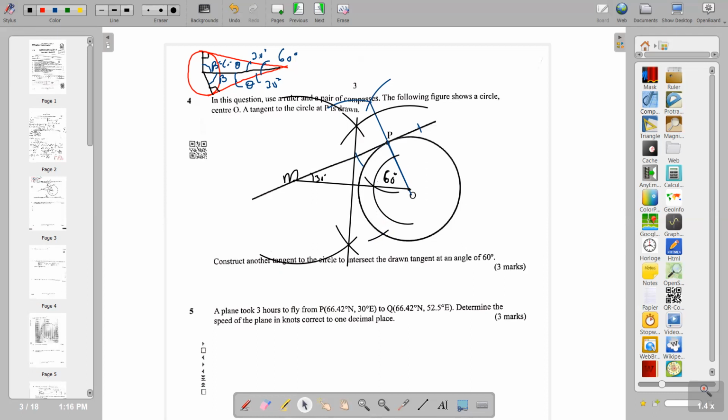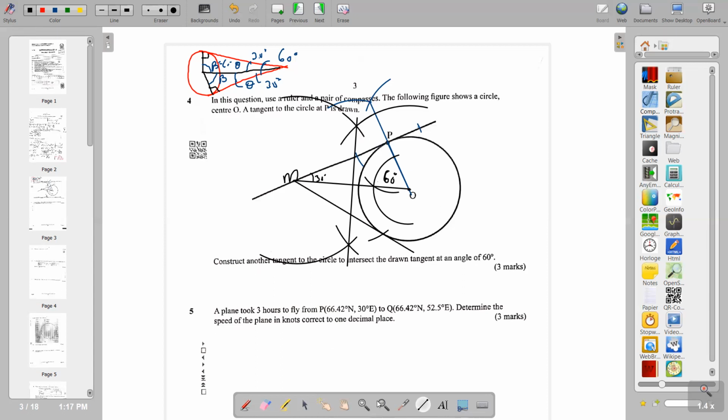You draw a line from M through that point. Now if you measure this angle, it will be 60, or construct 60 degrees here and then draw the line. So those are two different ways of getting that answer.